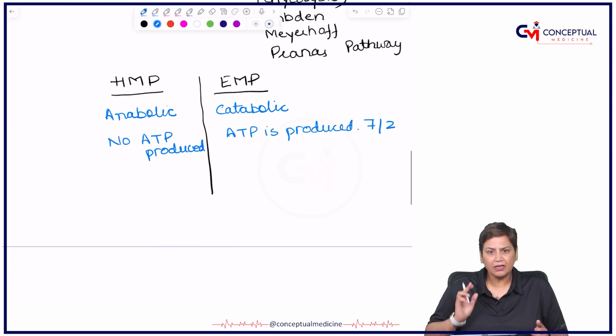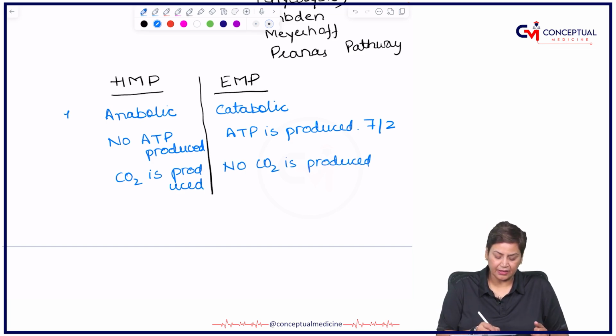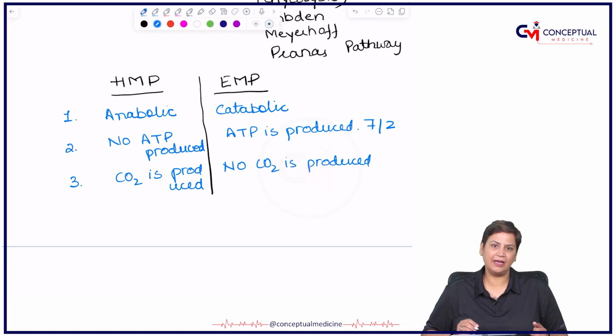Then the third important feature is that here carbon dioxide is always produced. But in EMP no carbon dioxide is produced because there is no use of carbon dioxide there. So these are the three main differences between HMP and EMP.